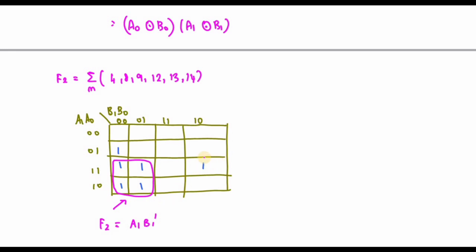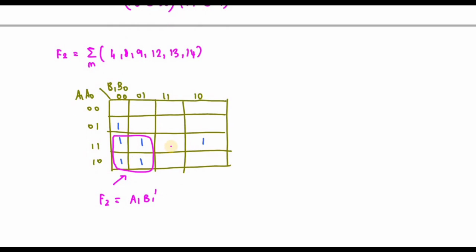So instead of grouping like this, if I write this one alone, I will get A1 A0 B1 B0'. Similarly, if I group only this one, I will get A1' A0 B1' B0.